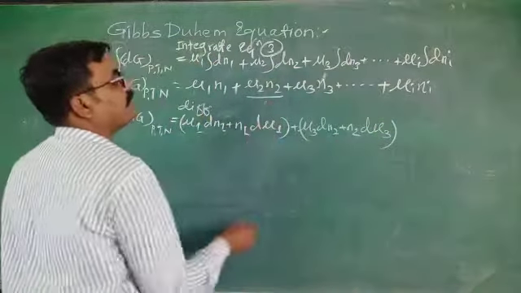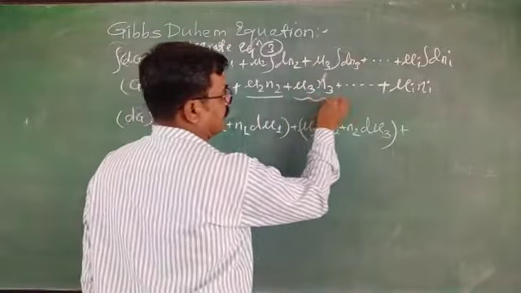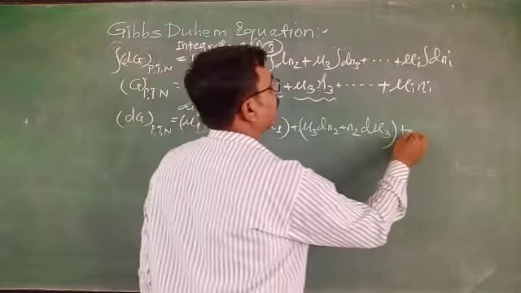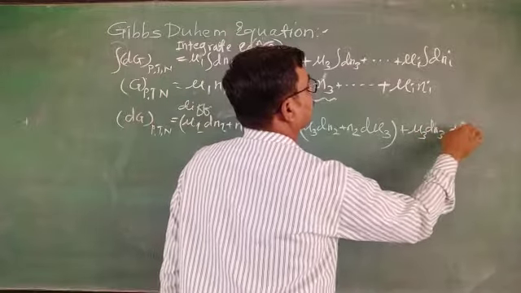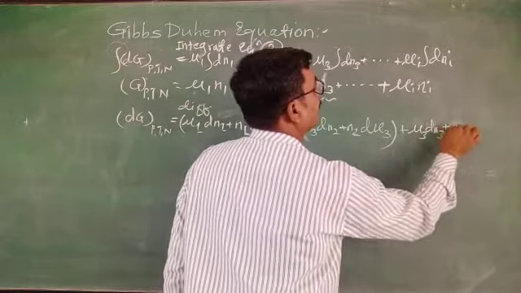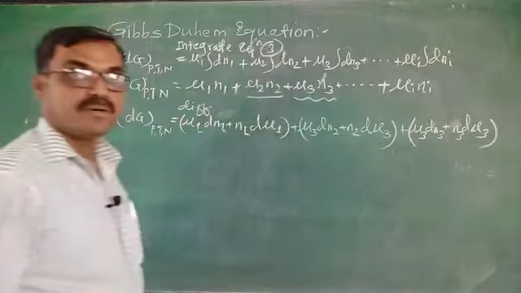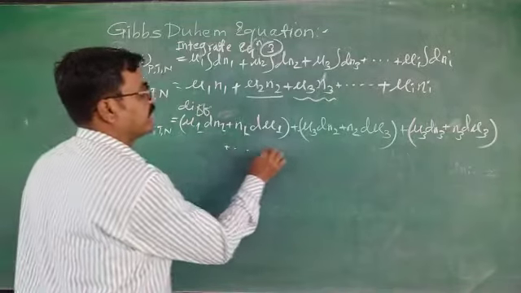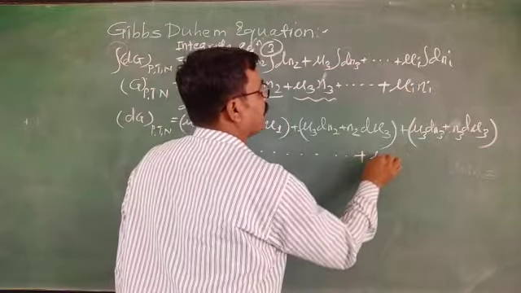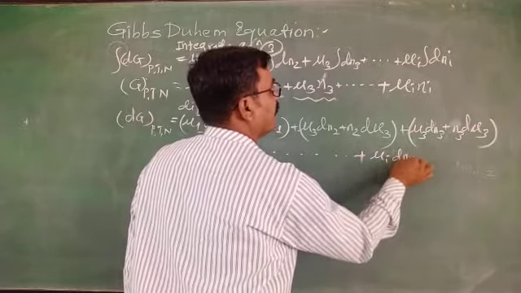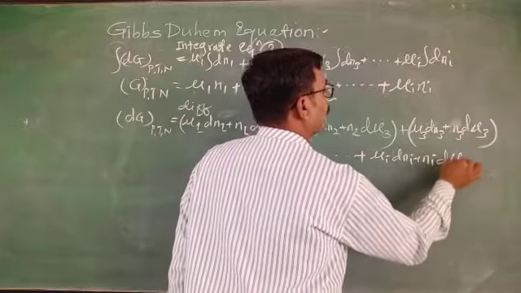Again for this, it becomes mu3 dn3 plus n3 d mu3, and so on. The last is first function mu i, derivative of ni, plus ni derivative of mu i.